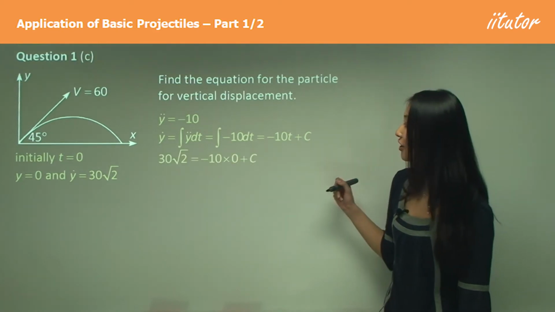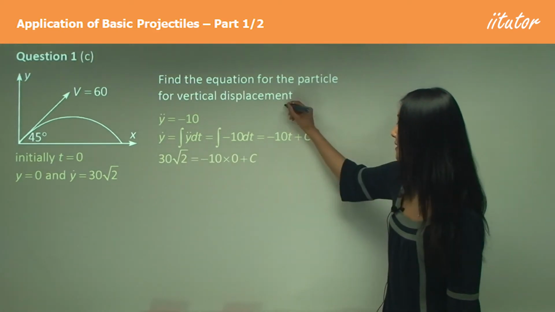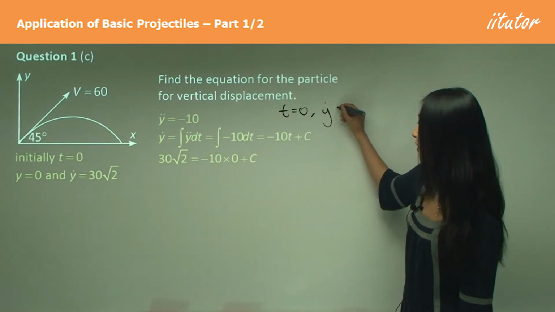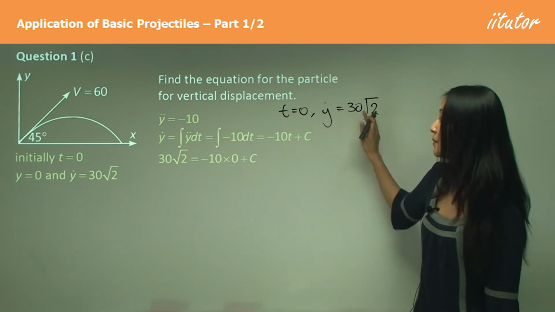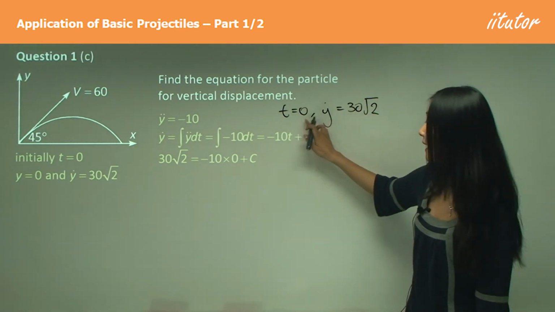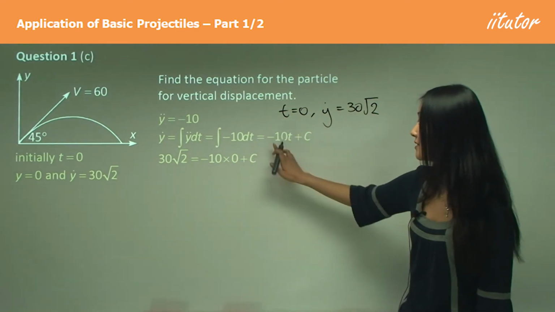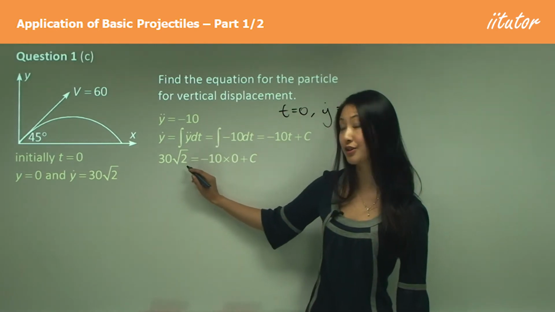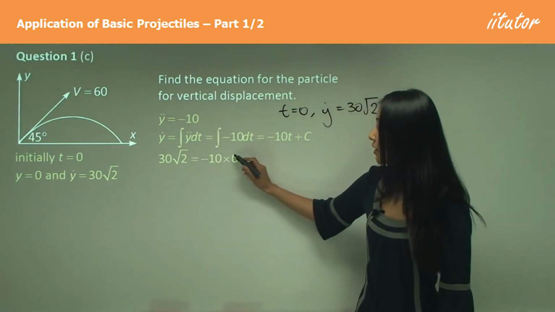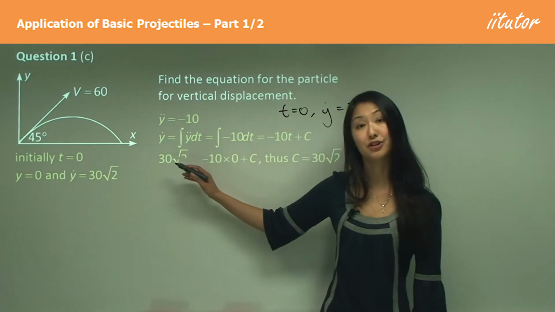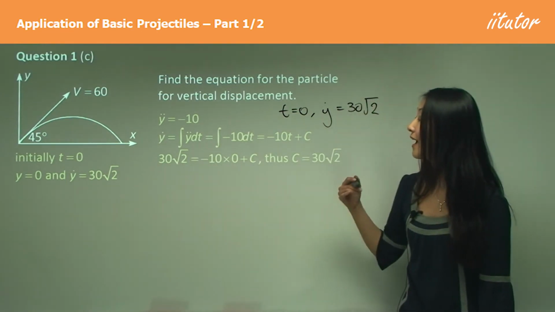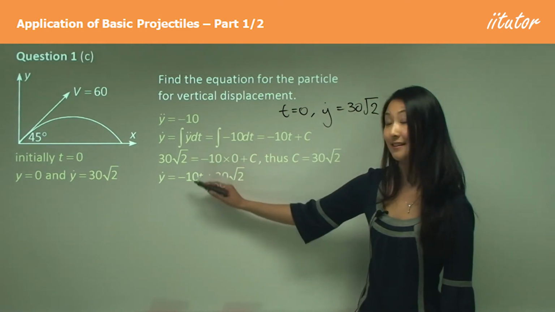And now we know that when t equals 0, our velocity equals 30 square root 2. So that's what we substitute in here. T equals 0 and our velocity equals 30 square root 2, which means that c must equal 30 square root 2 as well. So our vertical velocity is actually that.